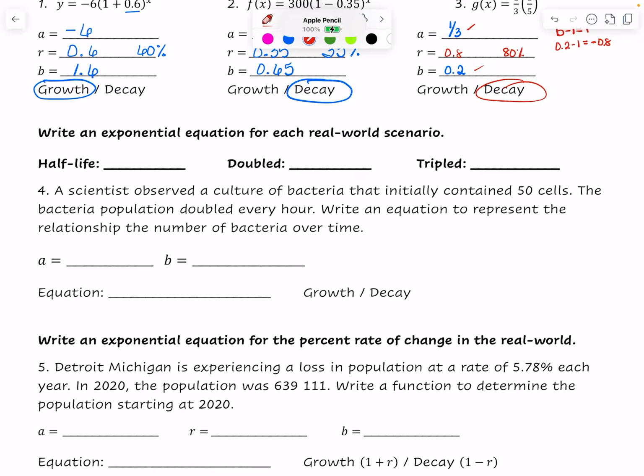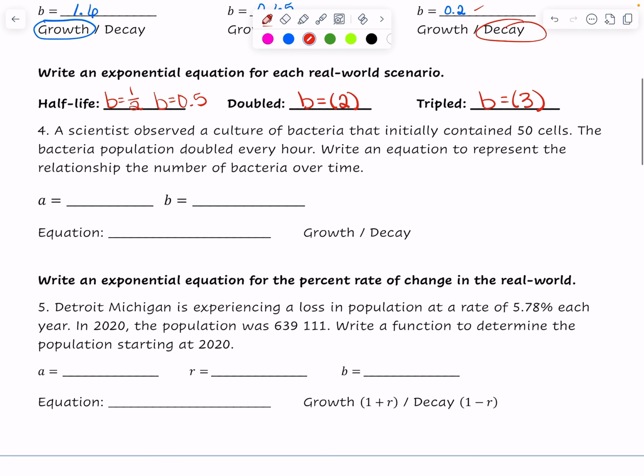Well, that would just be B equals 1/2, or we could say B equals 0.5. Okay? Now doubled, in math, means that we multiply by 2. Tripled, B would be multiplied by 3. Okay? So we're looking for those keywords, or we're looking for a percent that is part of B.